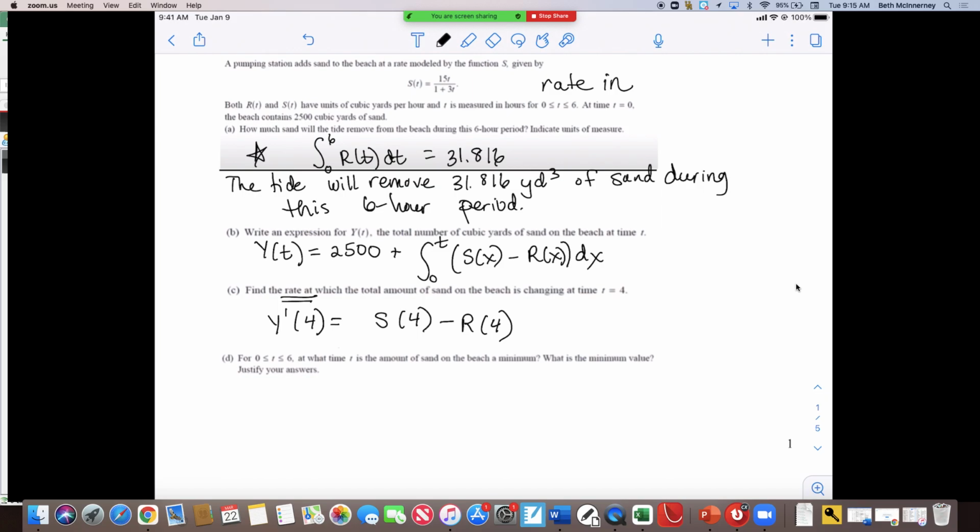I mean, there's no big deal to just plug in 4 for t into your S function and your R function.